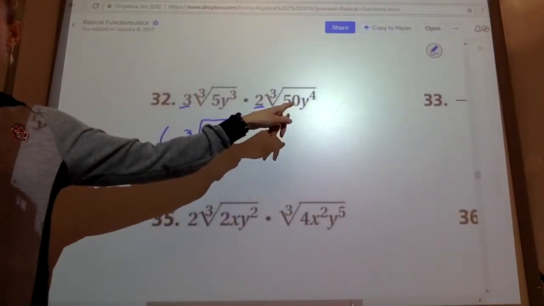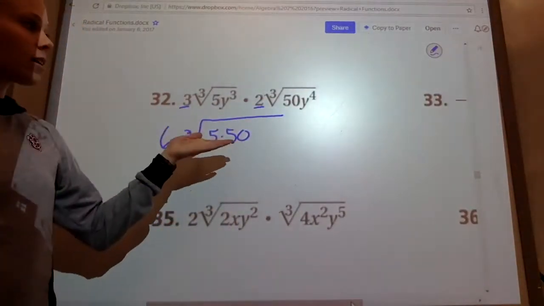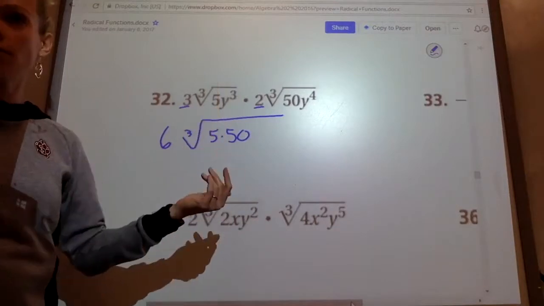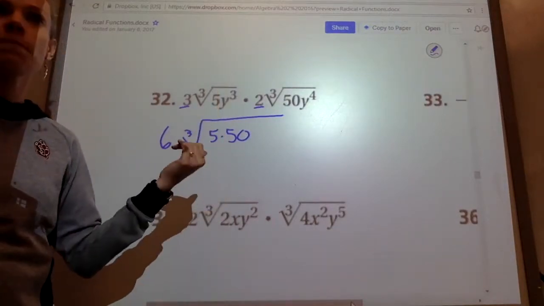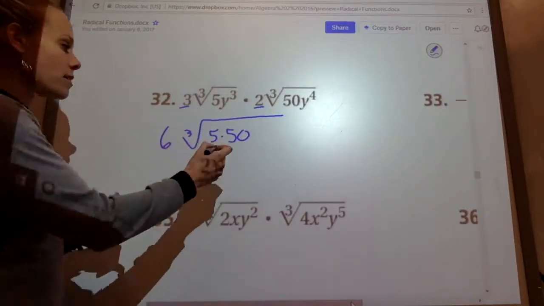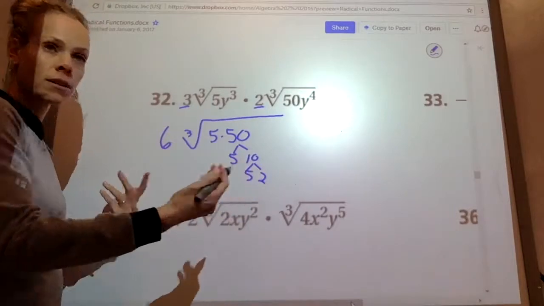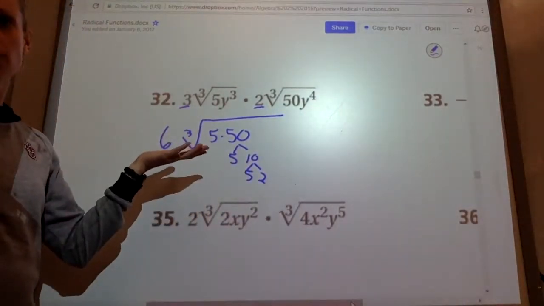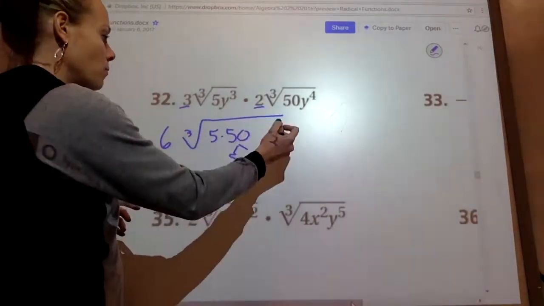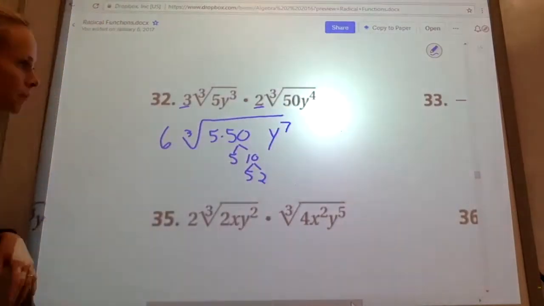You can save yourself a step and just leave it 5 times 50, because we're going to have to break that down anyway to find my groups of 3. So when I break it down, all I have to do is this, 5 and 10 and 5 and 2, right? And then y to the what? Y to the 7th, right?